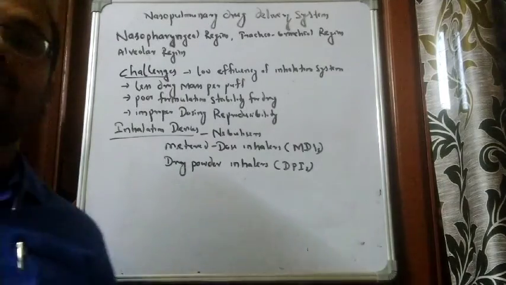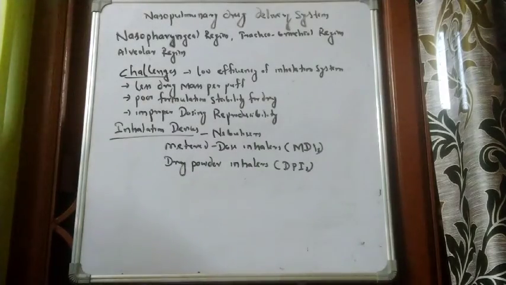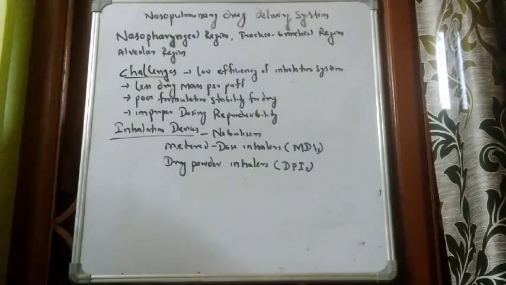In these cases, we prefer nasopulmonary drug delivery systems, and at first we always prefer intratracheal administration for most inhalation therapy. It will be the first approach, intratracheal administration for the lung drug delivery system, particularly an in vivo technique.